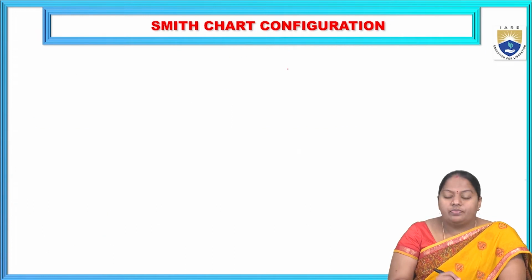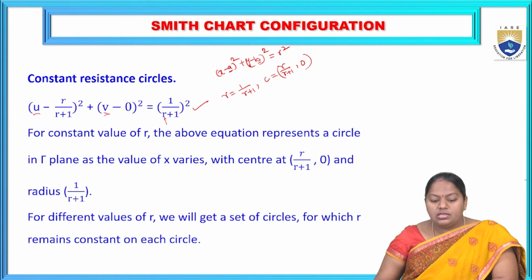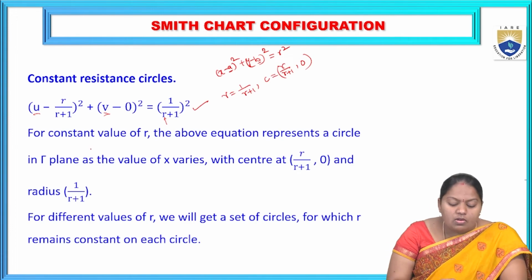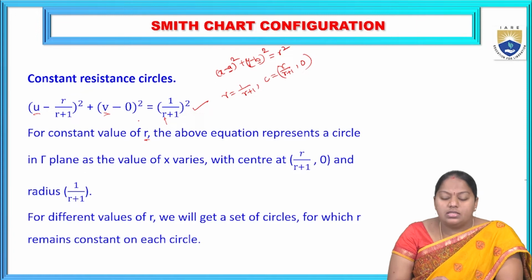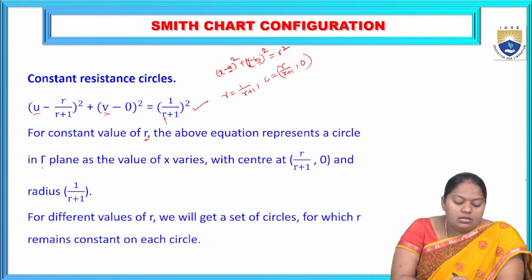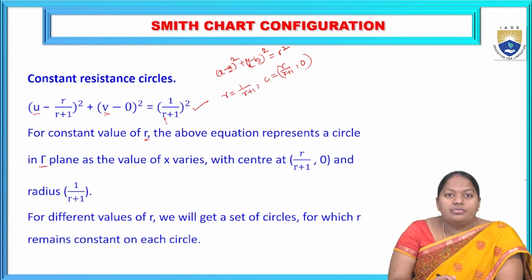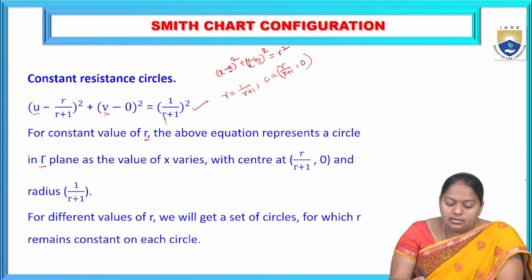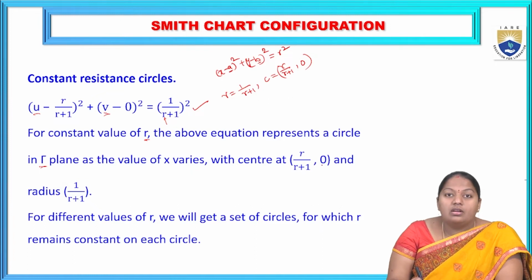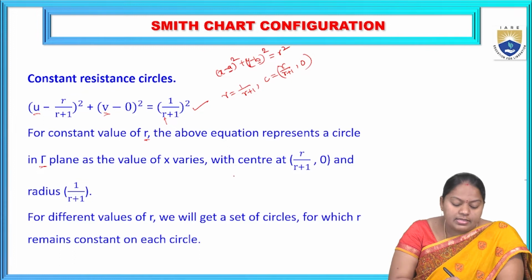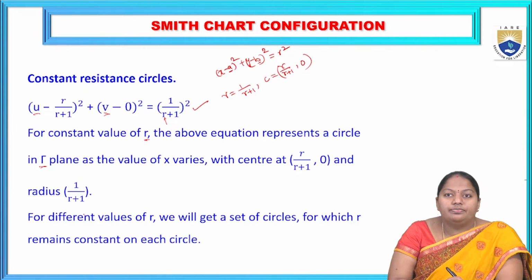So for a constant value of r, the above equation represents a circle in the gamma plane, the reflection coefficient plane, as the value of x varies, with the center at r by r plus 1 comma 0 and the radius 1 by r plus 1.